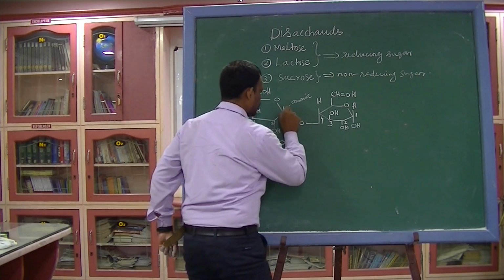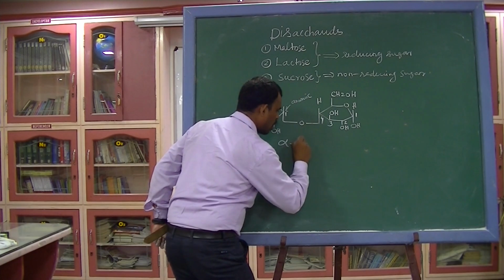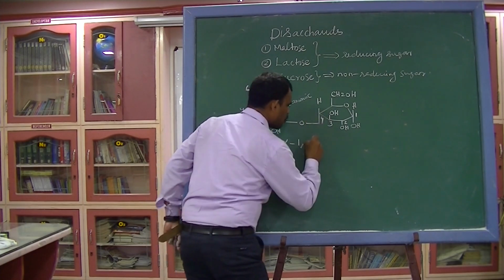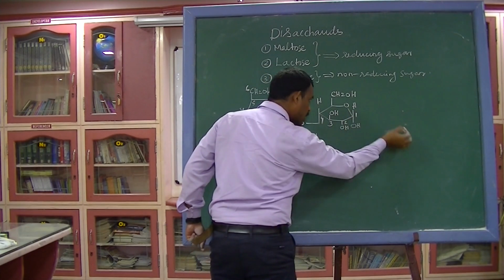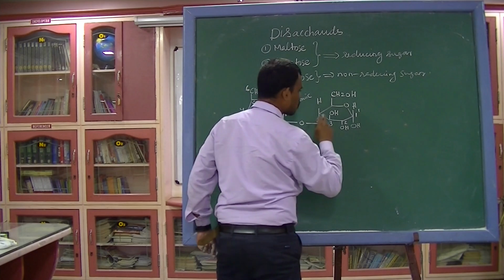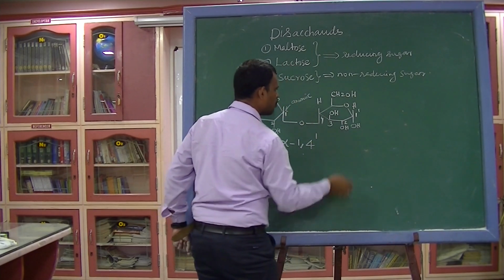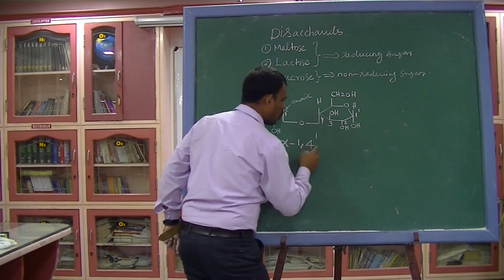So alpha, this is the anomeric carbon, this is carbon number 1. So alpha 1,4 prime, because this is from another ring. The prime indicates it is attached to another sugar unit.